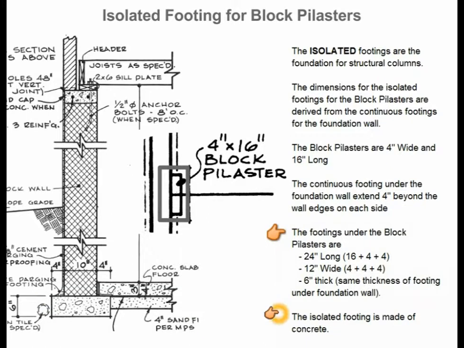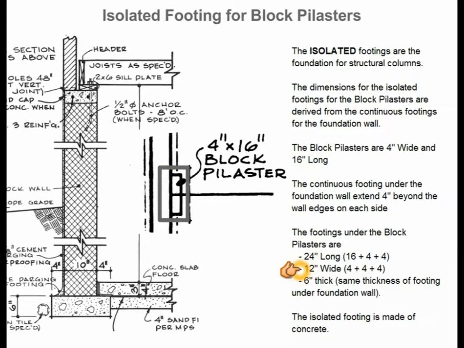So the footing under the block pilasters are going to be 24 inches long. What that will include is the fact that the block pilaster is 16 inches long. Then we will add 4 inches to the outside here, so 16 plus 4 will give you 20, and then we'll add an additional 4 inches to this side, which 20 plus 4 will give you 24.